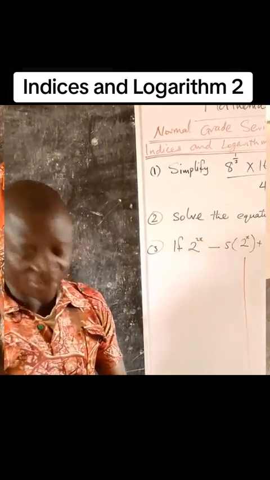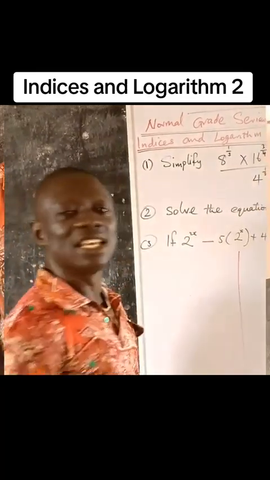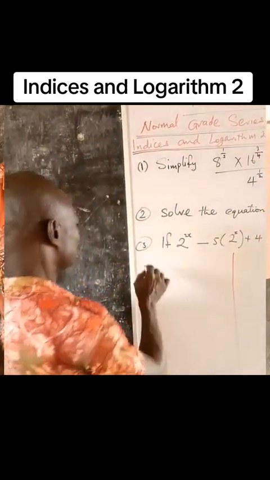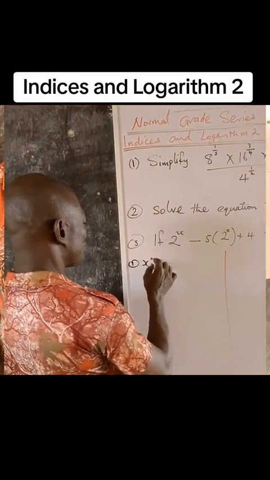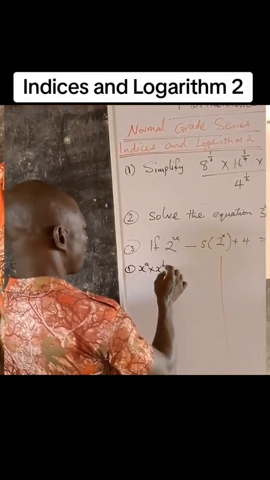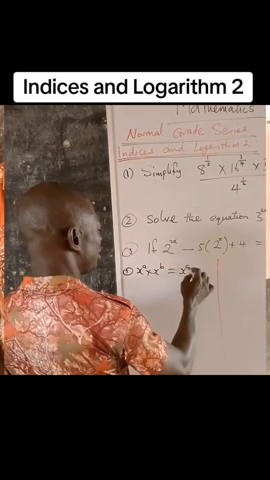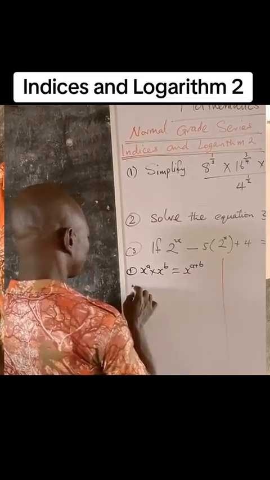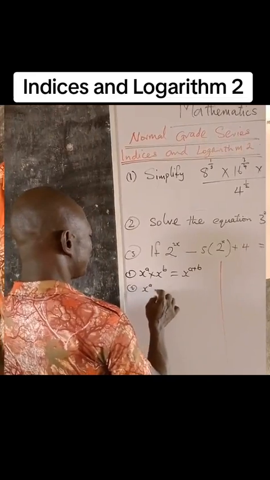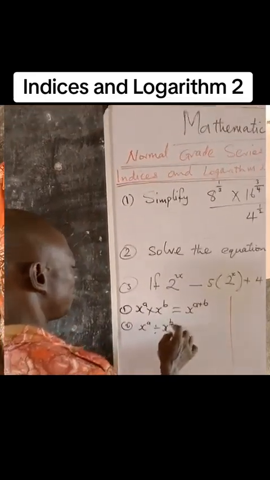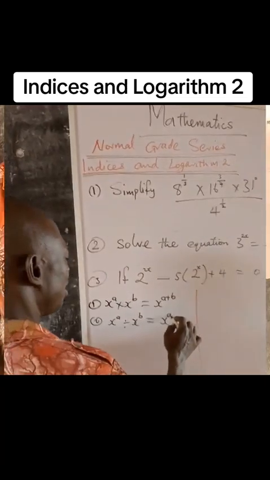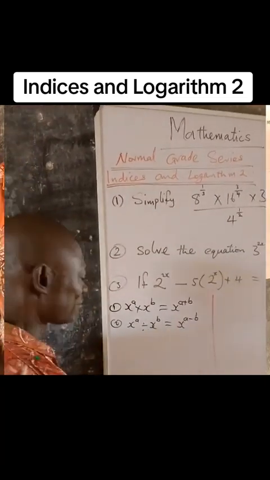Recall that the laws of indices are: number one, x raised to the power a times x to the power b is equal to x to the power a plus b. Two, x raised to the power a divided by x to the power b is equal to x to the power a minus b.